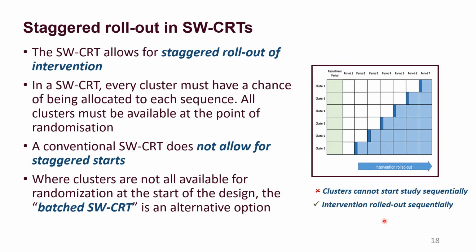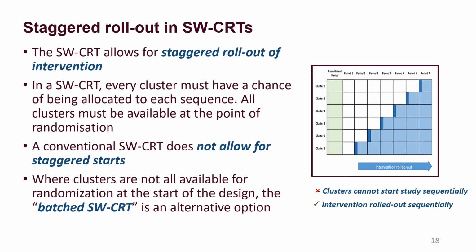So here on this schematic representation, our clusters are allocated to a sequence and the intervention is sequentially rolled out into all of the clusters. But all of the clusters must be available at this point in time for trial participation so that they can contribute data to the control condition in each of these periods here. So, although the stepped wedge trial is appealing because it allows the intervention to be rolled out sequentially, it doesn't allow clusters to initiate the study sequentially.